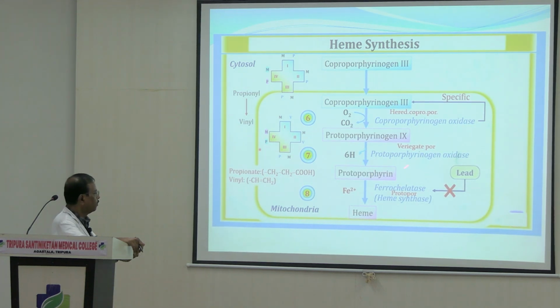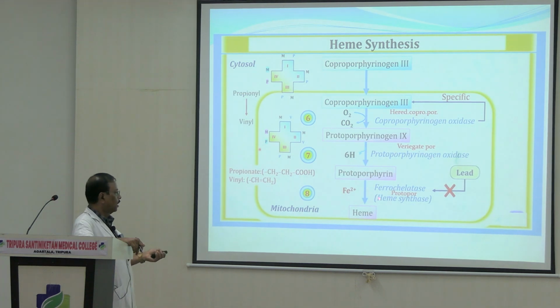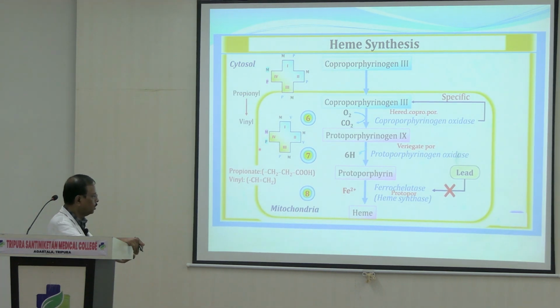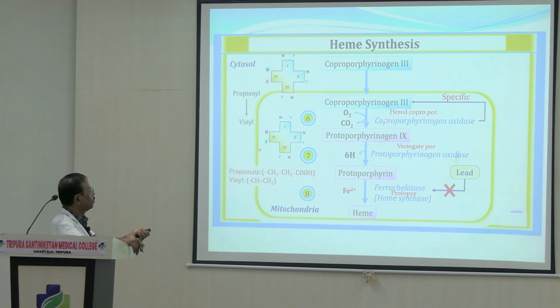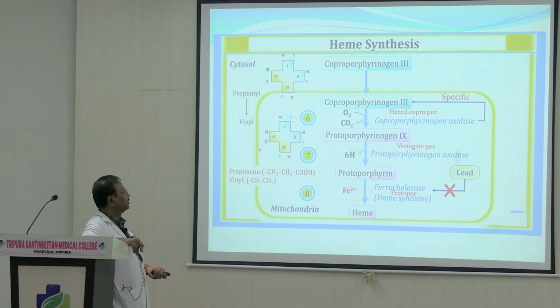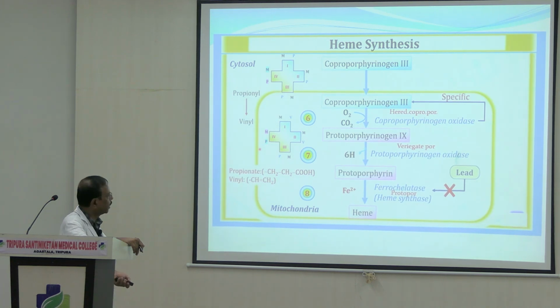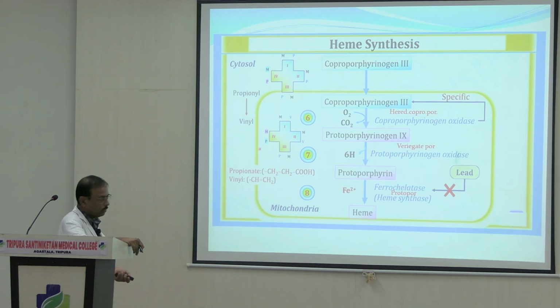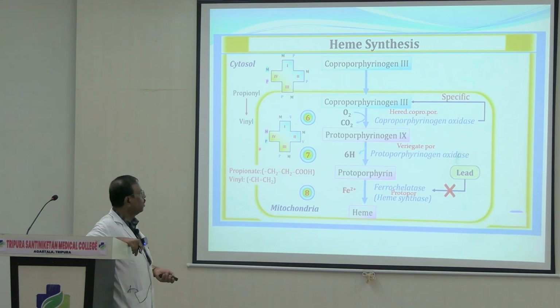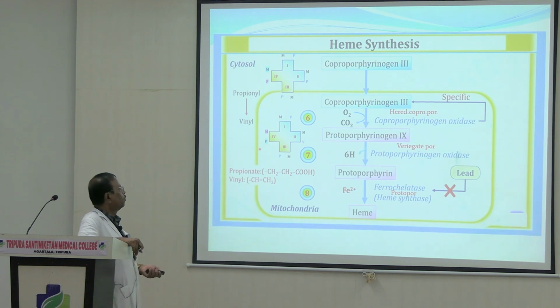So, in case of lead poisoning, anemia is produced due to the inhibition of ferrochelatase. Now, in case of coproporphyrinogen oxidase deficiency or dysfunction, the porphyria produced is hereditary coproporphyria.